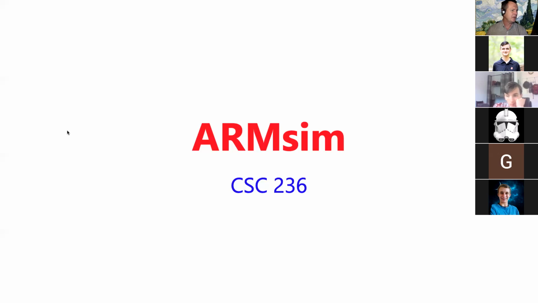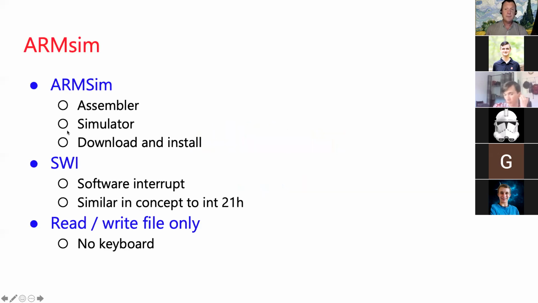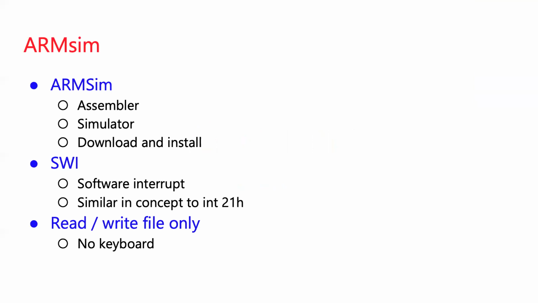We talked about how we're going to use ARMSim as a software platform for simulating the ARM instruction set. You may have access to a machine that runs ARM, but most of us probably don't, and even if you did, depending upon your OS, you might not be able to make the same system calls we count on using. So we're going to be using ARMSim.